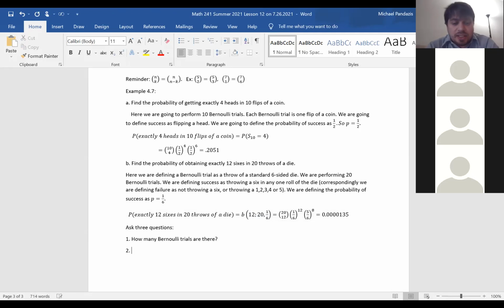Question 2: how many successes do you want? You want exactly 12 sixes in 20 throws of a die. So you want 12 successes. And then third question, what is the probability of success?